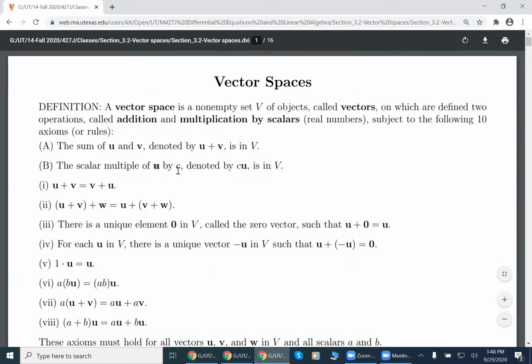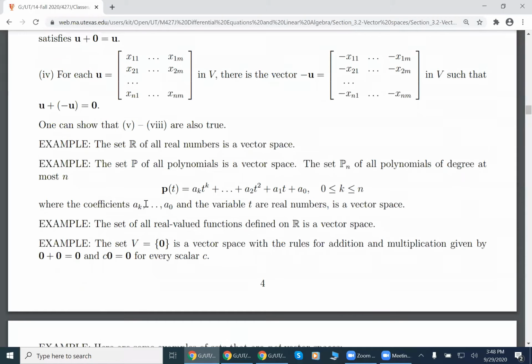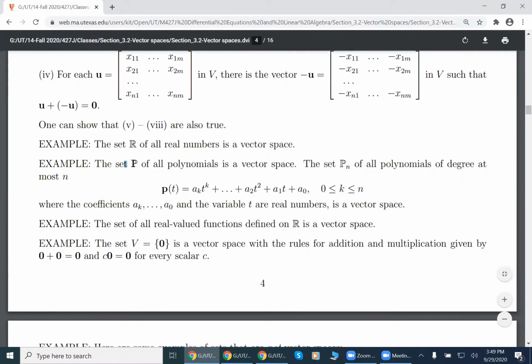If we multiply a polynomial by a constant, it's a polynomial. Polynomials commute and so on. By 0, we mean the number 0. The number 0 is a polynomial. So one can show that the set of all polynomials, which we denote by P, is a vector space. Now take a look at this.